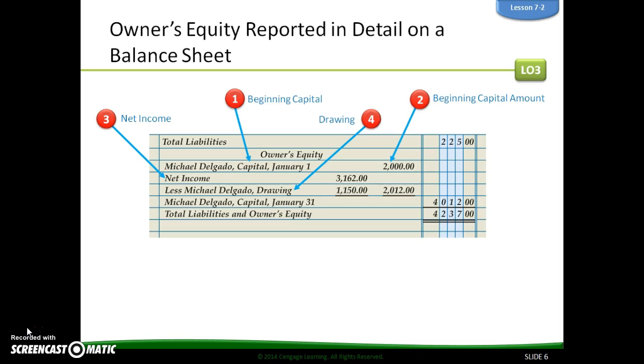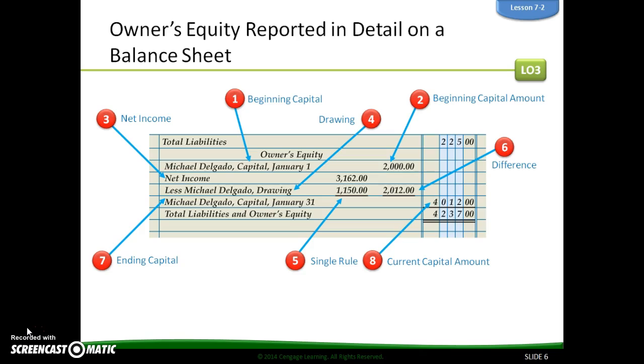This is why we have those two capital accounts, so that we can report money in and money out of our capital for our owner's equity. Okay, we have single rules under our totals where we're totaling information, and again, we double rule after we have completed our calculations.